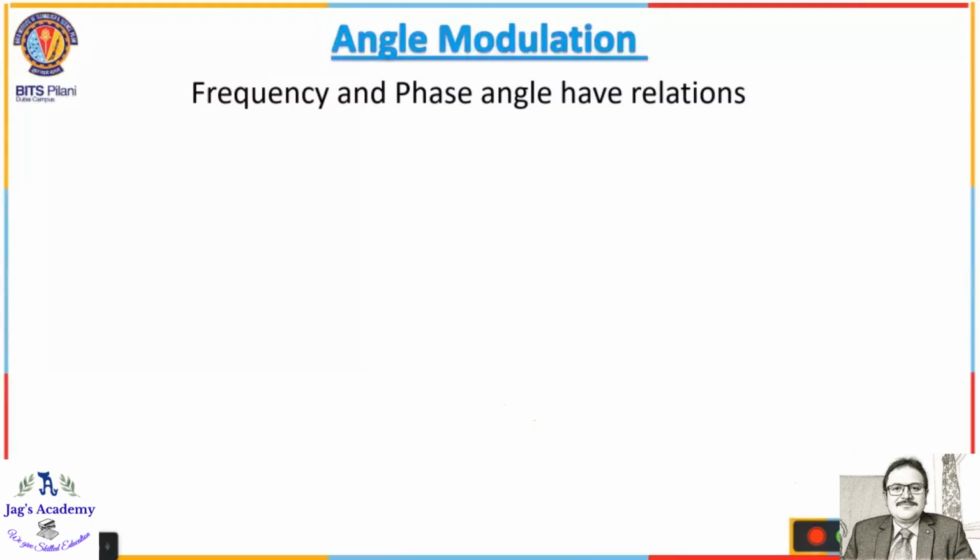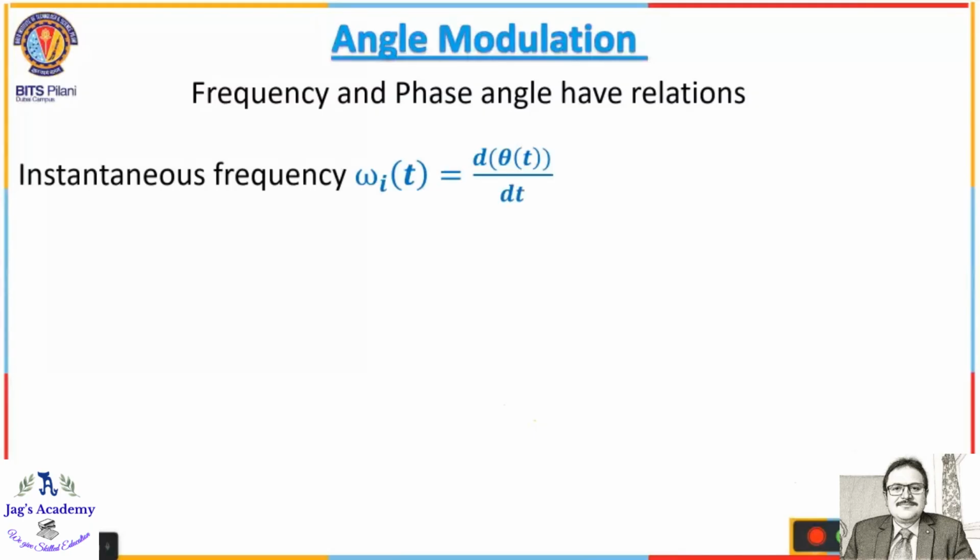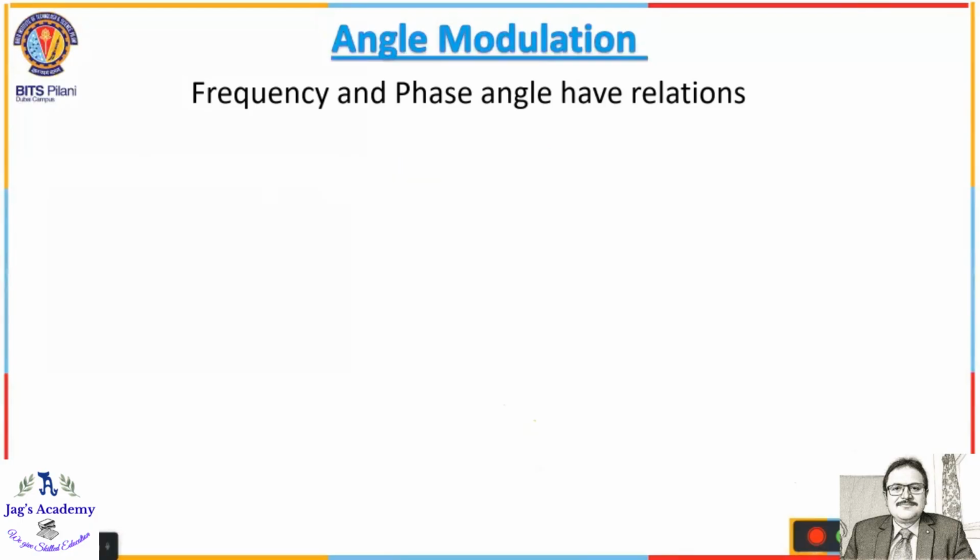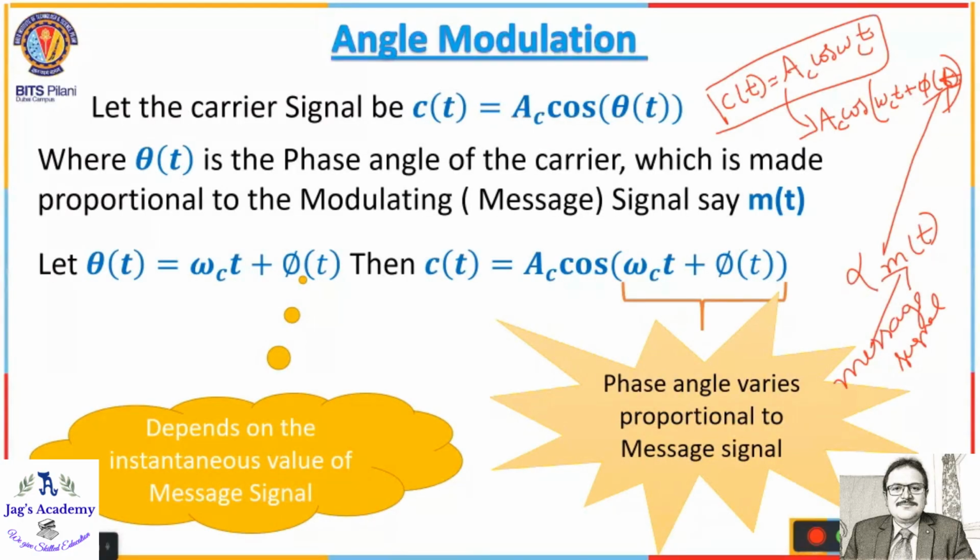Now we are talking about phase angle. So how do you convert your phase angle to frequency? There is something called instantaneous frequency, right? Listen carefully. See, this entire thing is written in terms of theta of t, right?